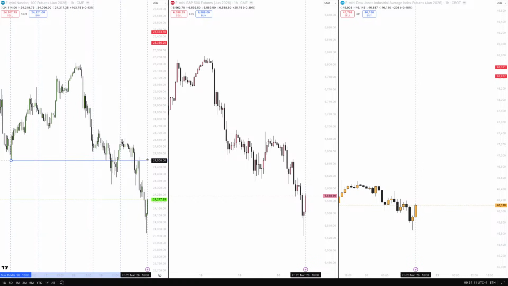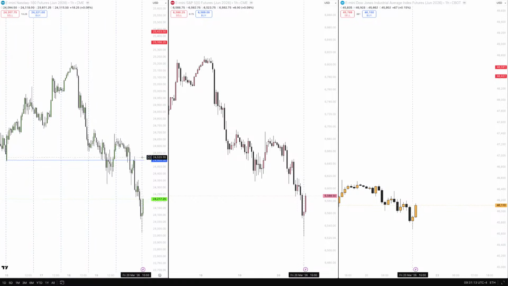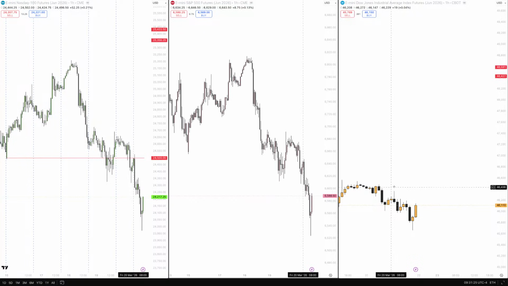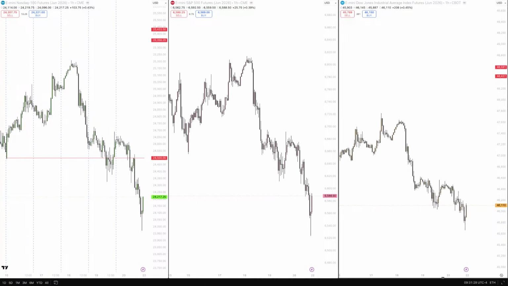This is the weekly open, so the new week opening. And I'm always having this area on my chart in red. Let's do that on ES and YM as well.